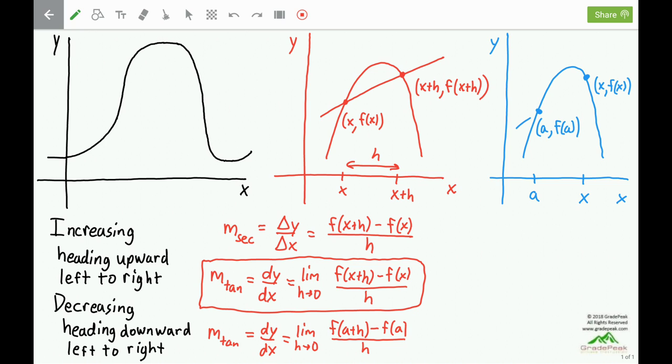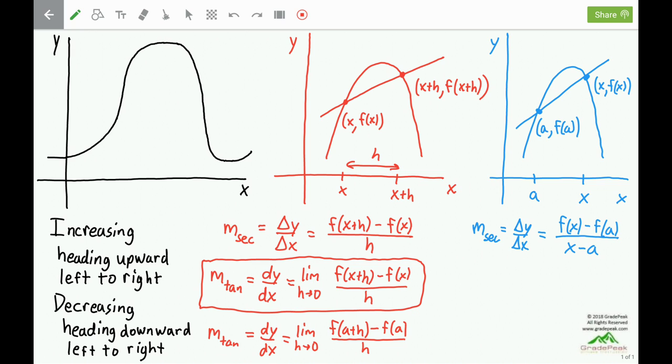And we can now draw a secant line passing through those two, and we can find its slope by doing the change in y over the change in x, or the rise over the run, final minus initial. I will make the rightward point be the final once again. So the change in the y-coordinates, final minus initial, over the change in the x-coordinates, final minus initial. There's your secant line.